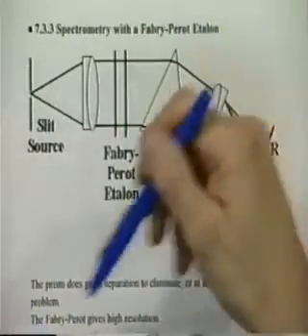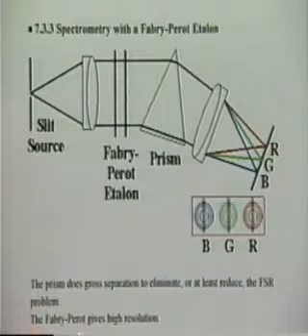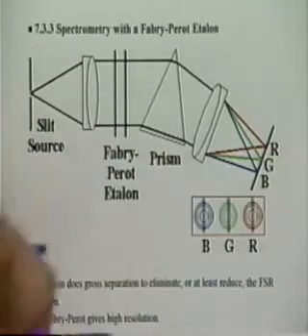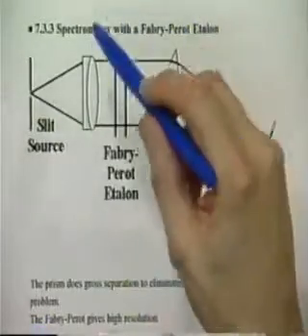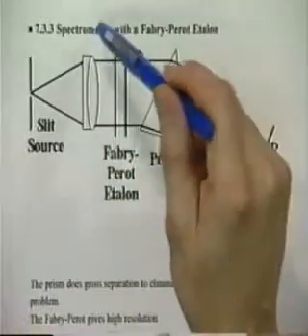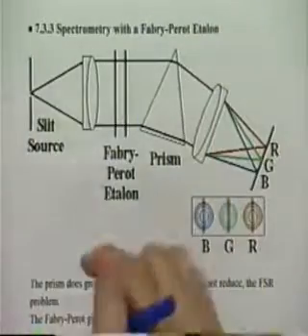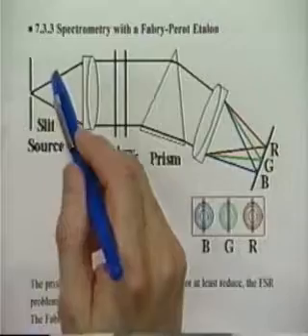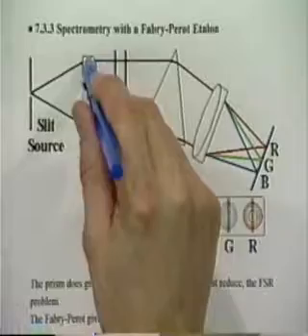Last class, right at the end of the class, we had gone through the free spectral range, and we saw the problem we had with a Fabry-Perot on measuring small differences in wavelength if we had a wide spread of wavelengths present, the free spectral range problem. So right at the end of class, we had gone to section 7.3.3, spectrometry with a Fabry-Perot etalon. And what we said here was that we have a source that's a slit source. And so we'll put a lens here to collimate that.